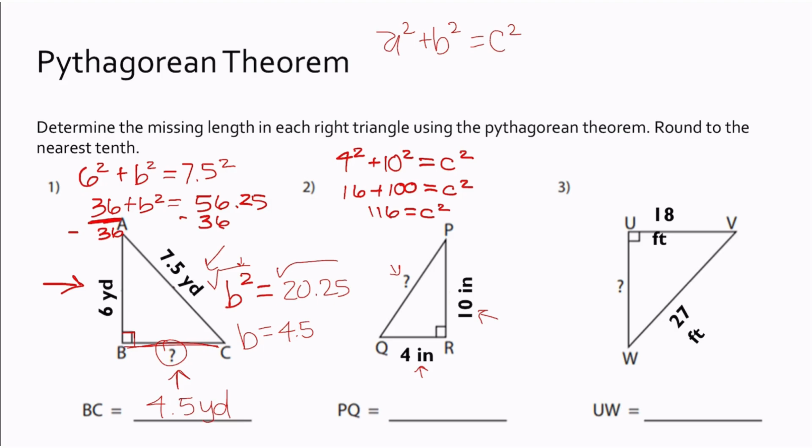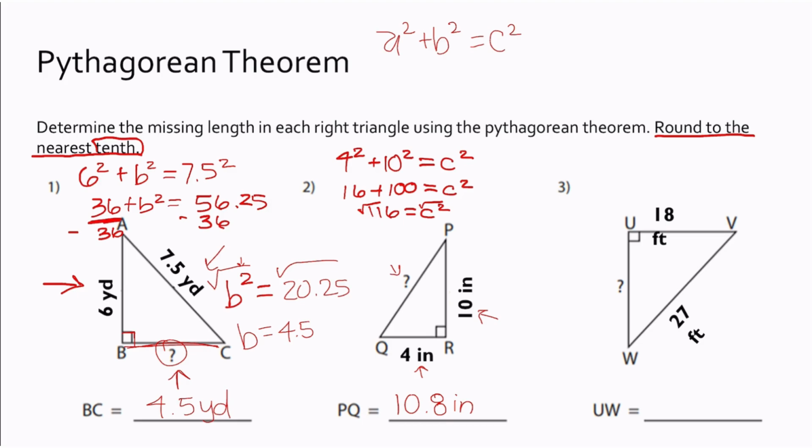And remember, in order to get rid of that squared, I'm going to take the square root of both sides. And I end up with a long decimal. But here it tells me to round to the nearest tenth, or 1 decimal place. So I have 10.8 inches.